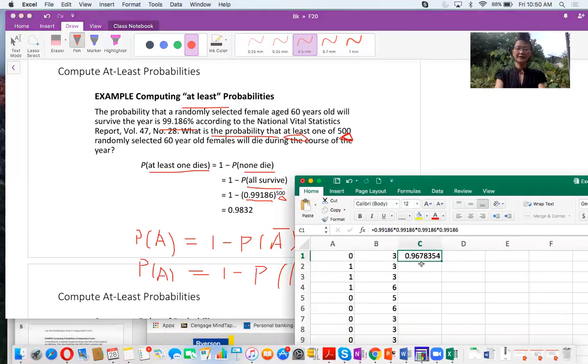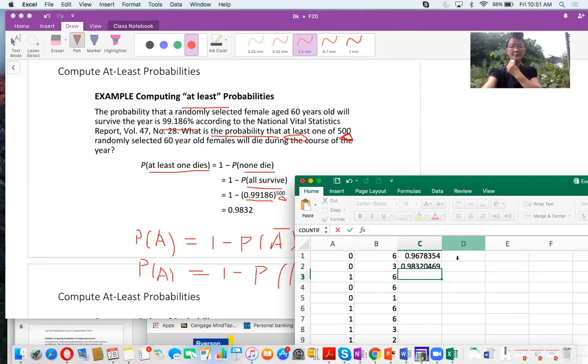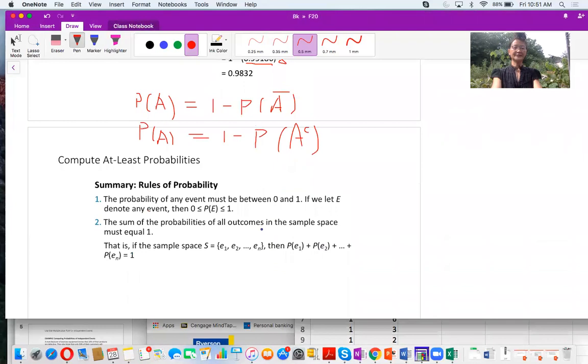Again, you can use Excel. Equal 1 minus 0.99186 raised to power 500. And then press the enter key. You get 0.8932. So that is at least.